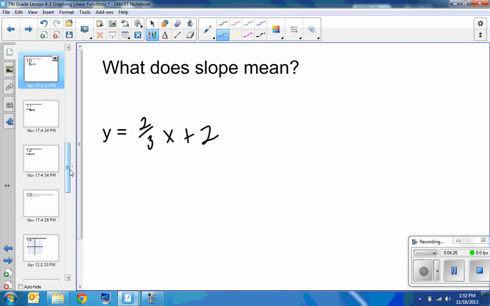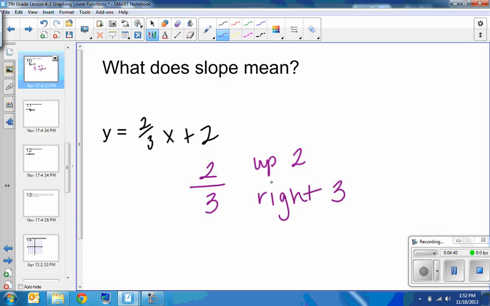Slope is 2/3. It's a +2, so I go up 2 to the right 3. It's really important to understand what the slope means, because we need to know when we're graphing. So it's up 2 to the right 3.